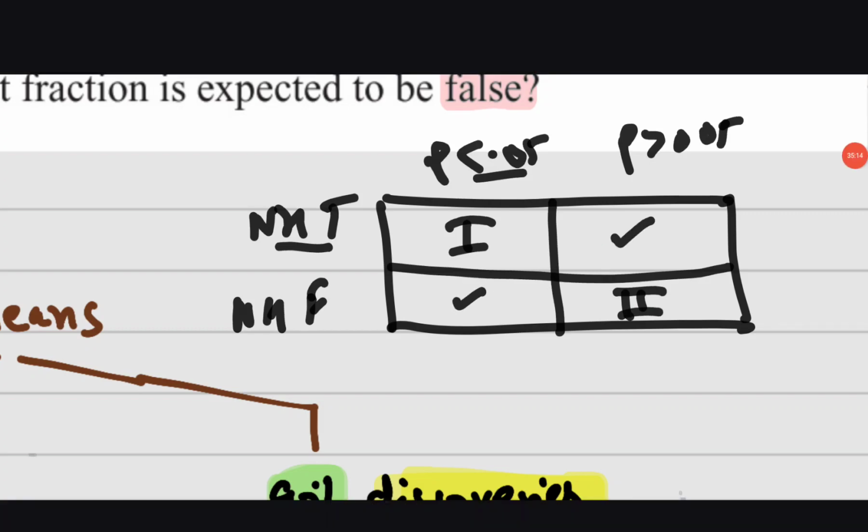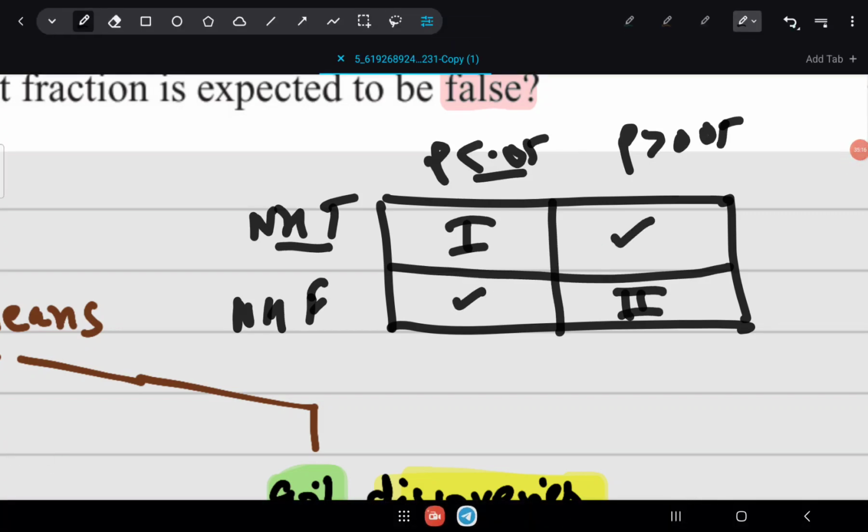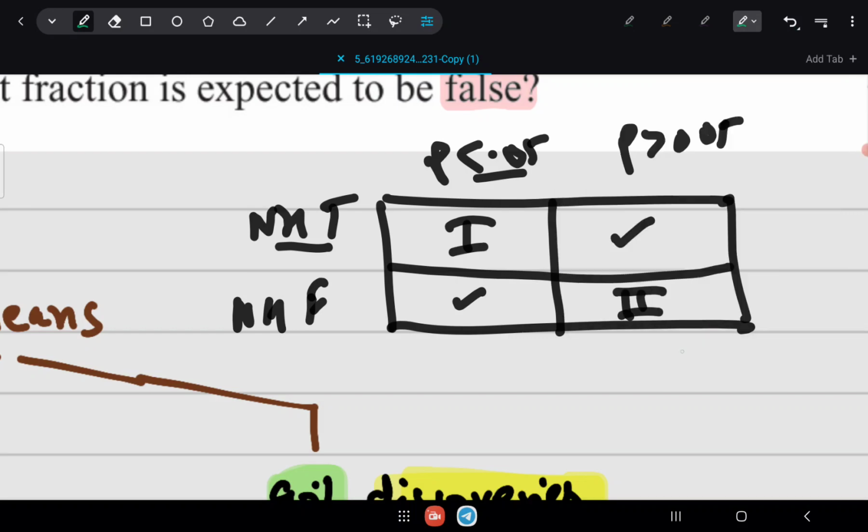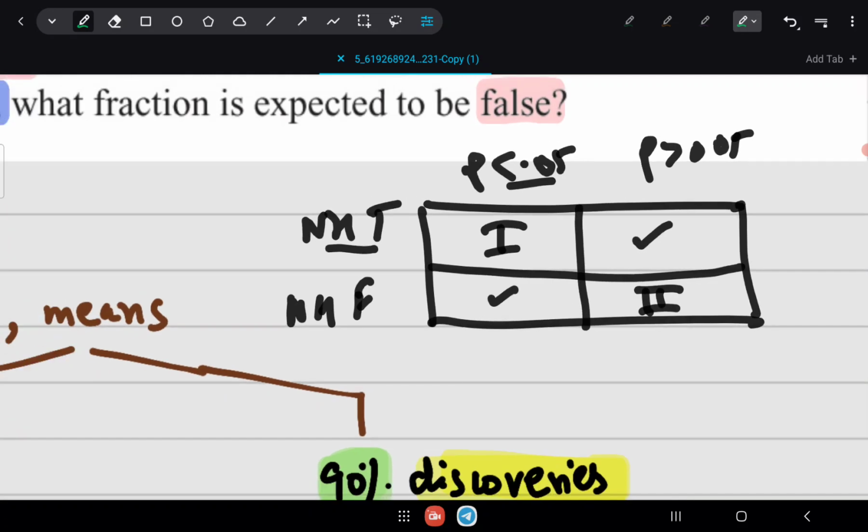Now what is the difference between alpha level and false discovery rate? They look very similar, but they are very different from each other. So what is alpha level? Alpha level means, let's assume the null hypothesis is true in reality. So look at this part. What is the probability that your p-value is still significant?